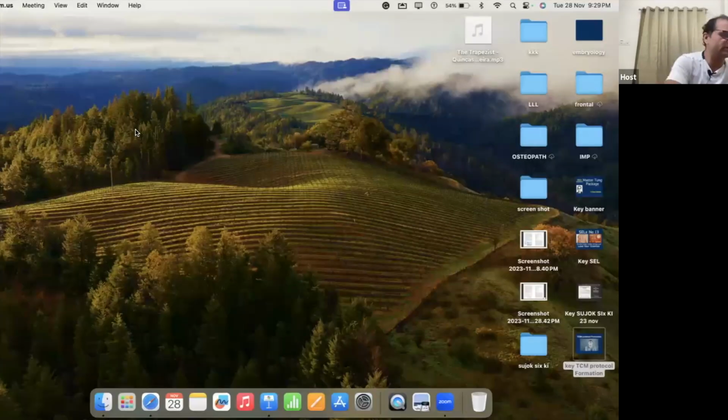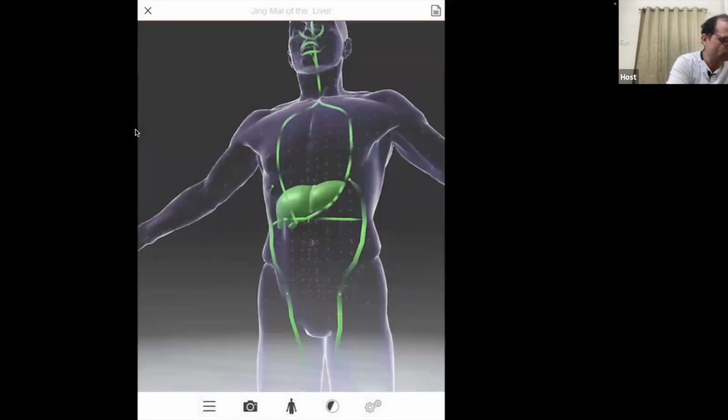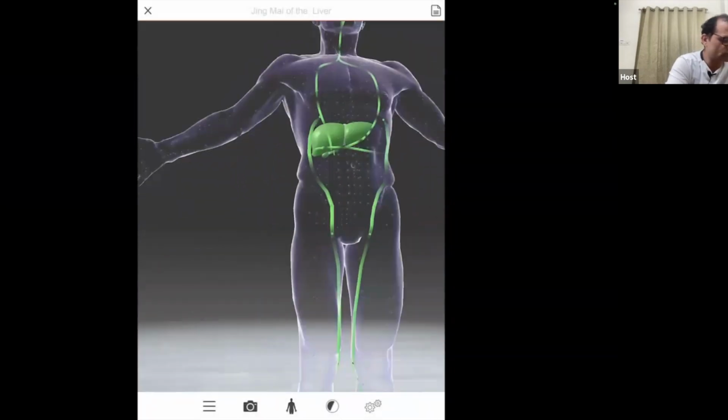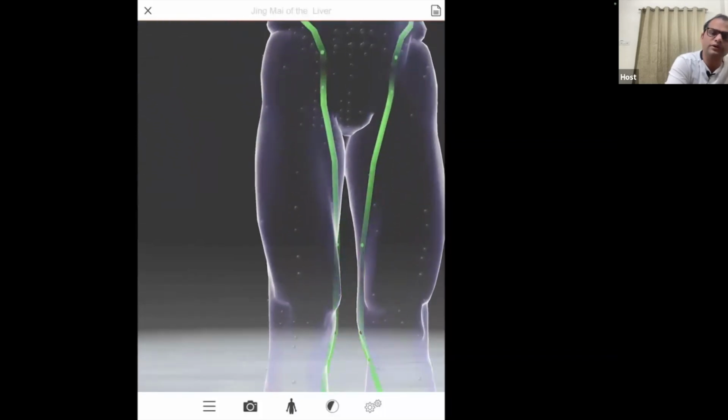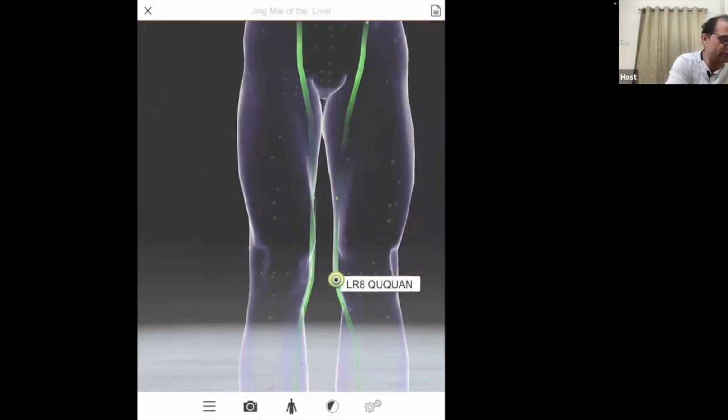Right now we have to understand where the liver meridian is going. Liver meridian is passing through the knee. Liver meridian is also passing through the knee. Some person is suffering with knee pain here, it also has a connection with the liver.